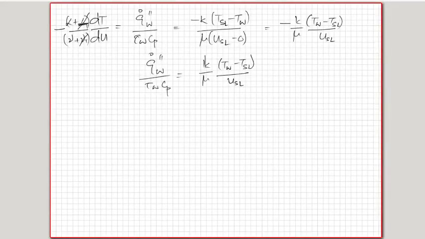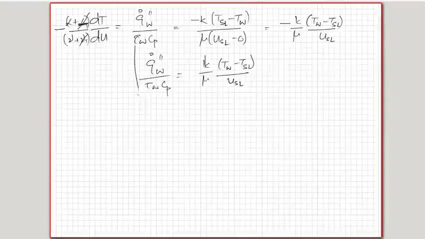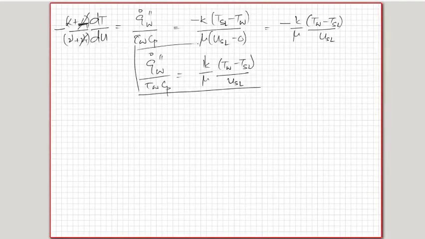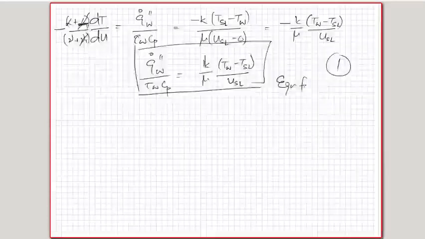We call this equation 1, and this is the equation for the sublayer.